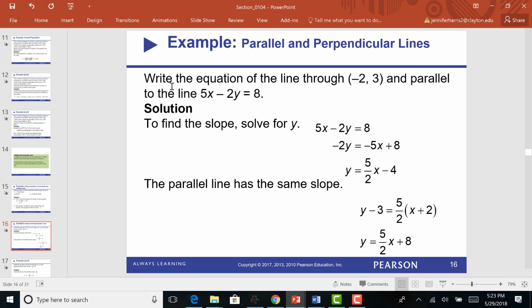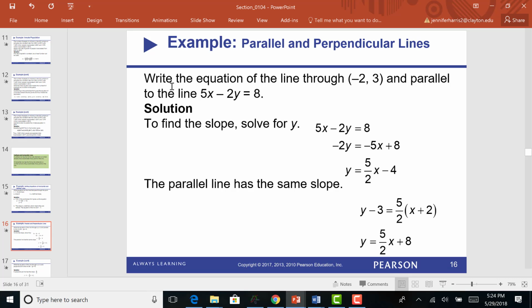So y is equal to positive 5/2x, because a negative divided by a negative is a positive. And 8 divided by negative 2 is negative 4. So there is the equation of the same line they already gave you, written in y equals mx plus b form.